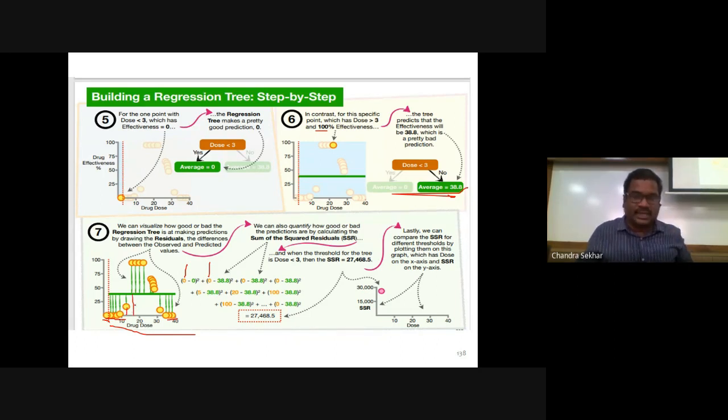Now if we say like this, the average equal to 0, average 38.8, what is happening? If we compute the distance, the error is 27,468.5.